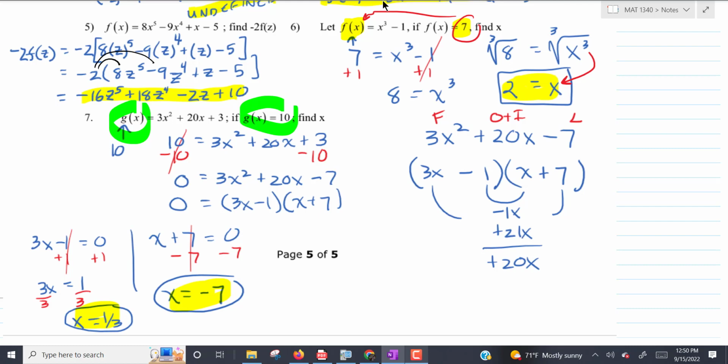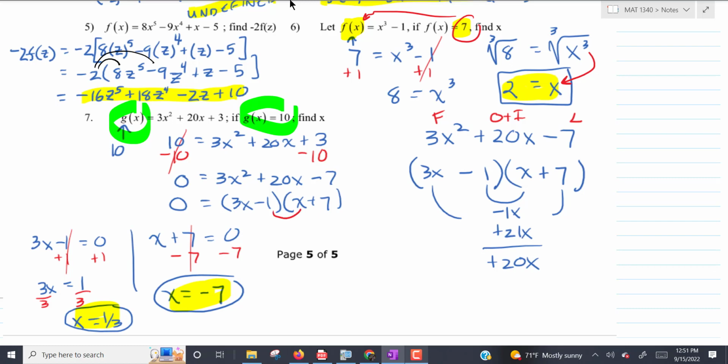And so what happens on this, your first term is 3x and x. Your last term is 7 and 1. And this is a kind of factoring problem that I think probably over half of the class might not be comfortable with still. This is something that we're going to work on throughout the semester. You have to get really good with your factoring.